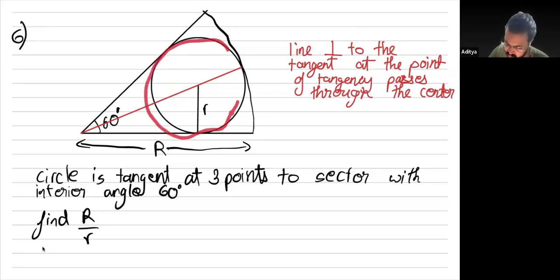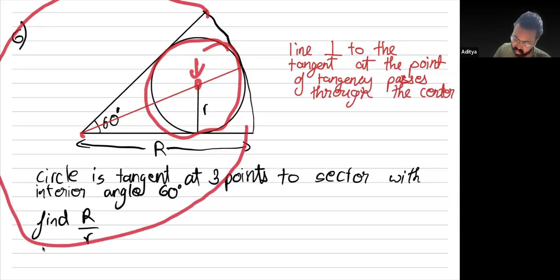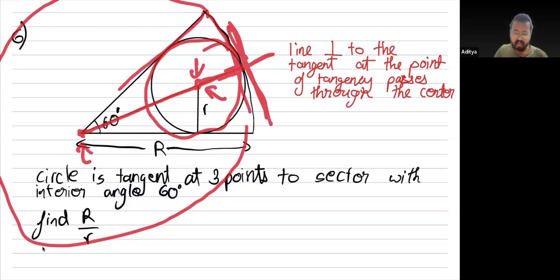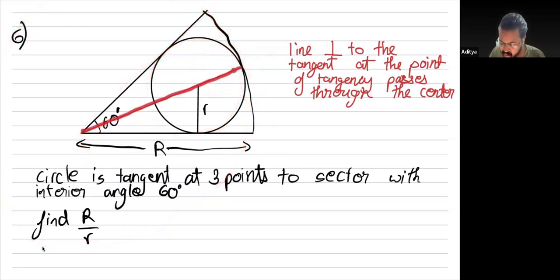So this circle's center is this one. This hypothetical circle or the sector or this arc, the corresponding center is this point. So if you have a common tangent, the perpendicular line to the common tangent will pass through both the centers, which makes these 3 points collinear.